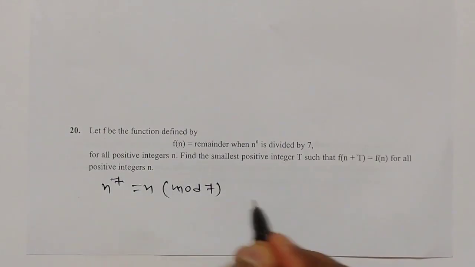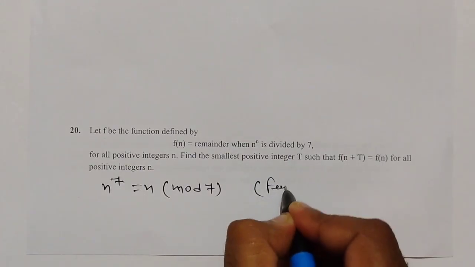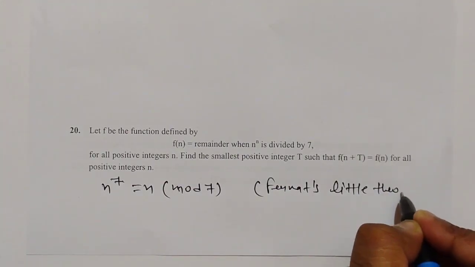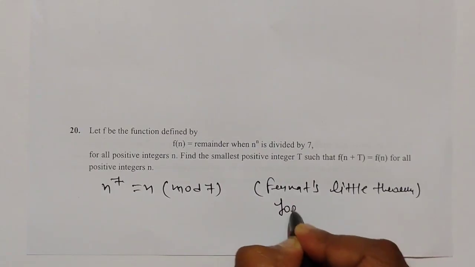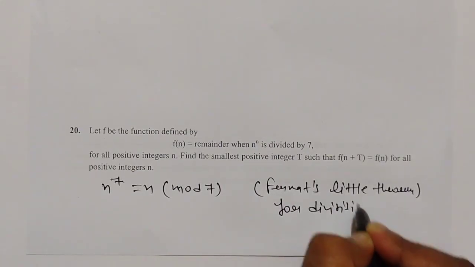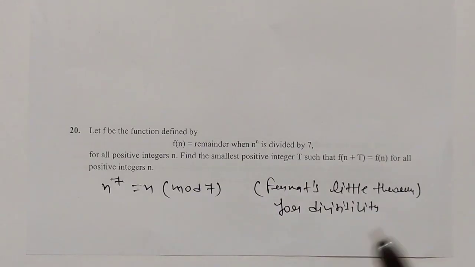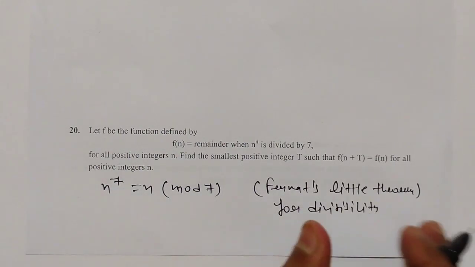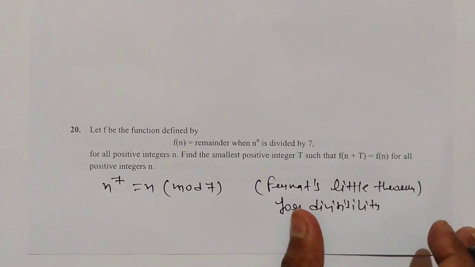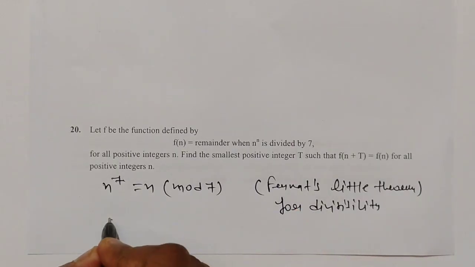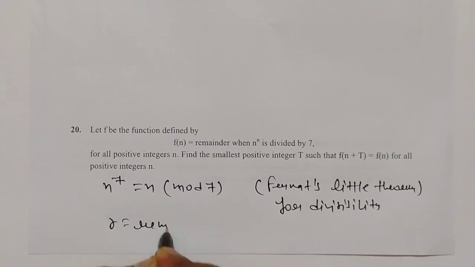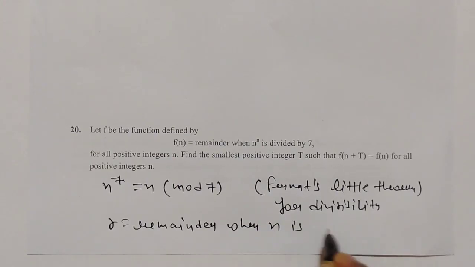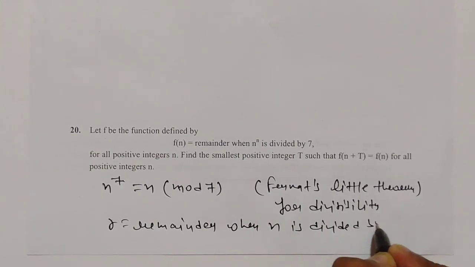This is what we are using, Fermat's little theorem for divisibility. So the power is prime, so this is valid, and now here we consider r is equal to the remainder when n is divided by 7.